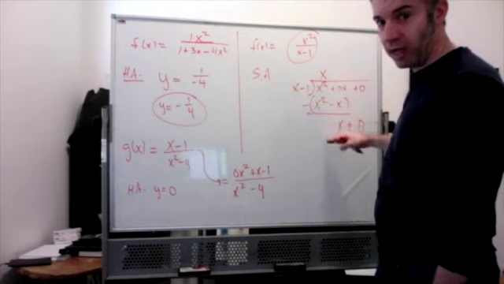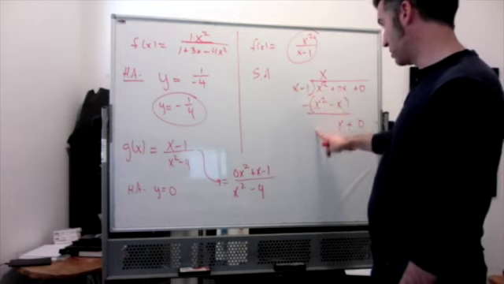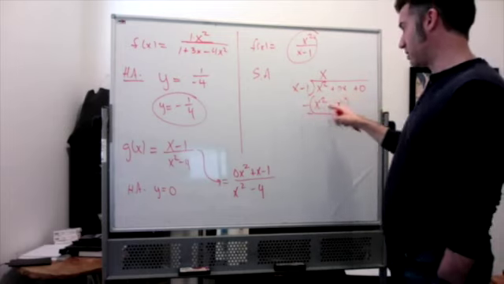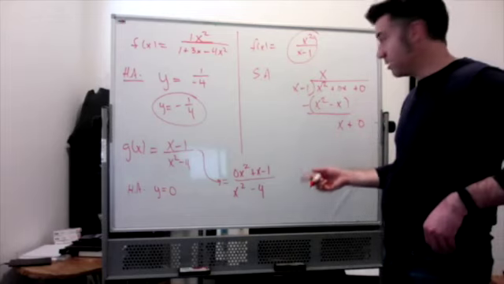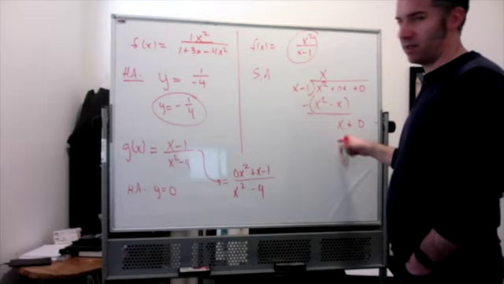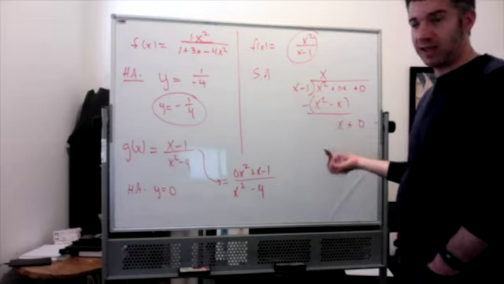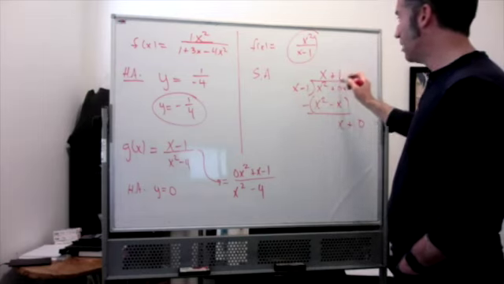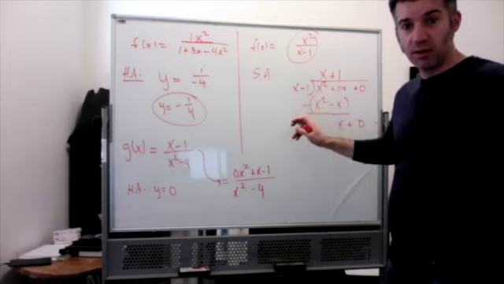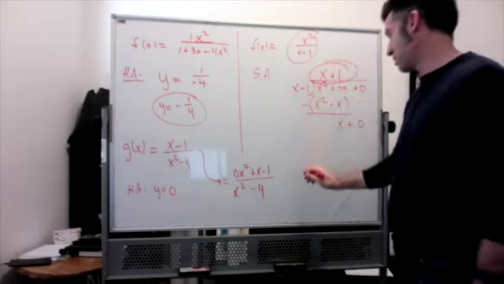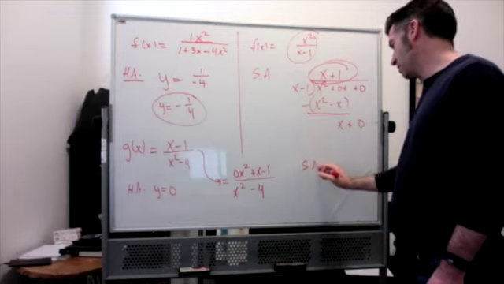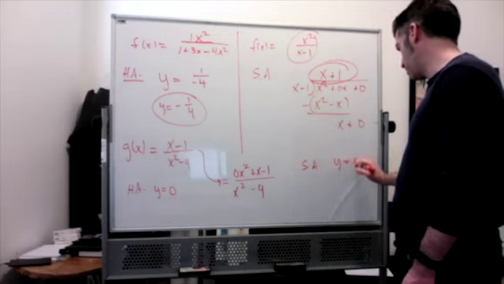And then we subtract. x squared minus x squared is 0. 0x minus minus x is x. Bring down the 0. And then repeat. When you multiply by x to get x, and this is a dumb question, but when you multiply by x to get x, you multiply by 1. And we stop. But you don't have to do anything else. Your slant asymptote is the line y equal to x plus 1.